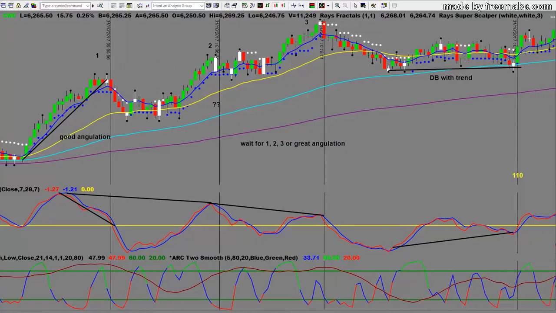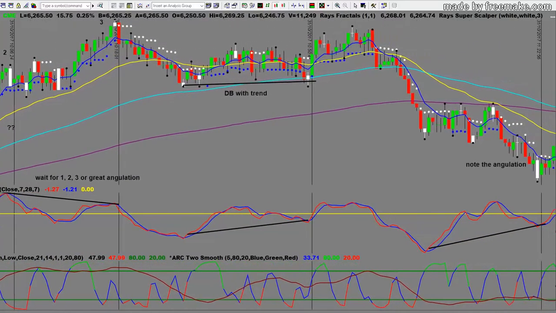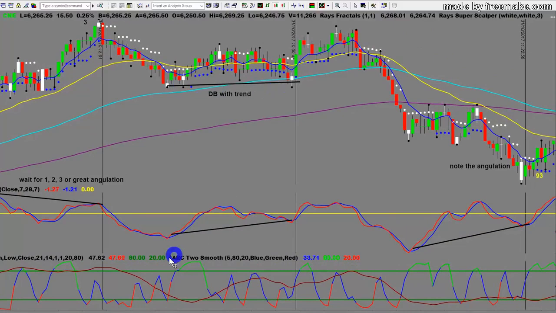Now another great setup that you'll see regularly is when you get a double bottom or a double top with the trend. So I had divergence, double bottom with the trend. Now it didn't go too far, and by the way, I mentioned the NQ here. Different markets have different personalities, so get to know the personality of the market, because you'll quite often find it's very different.